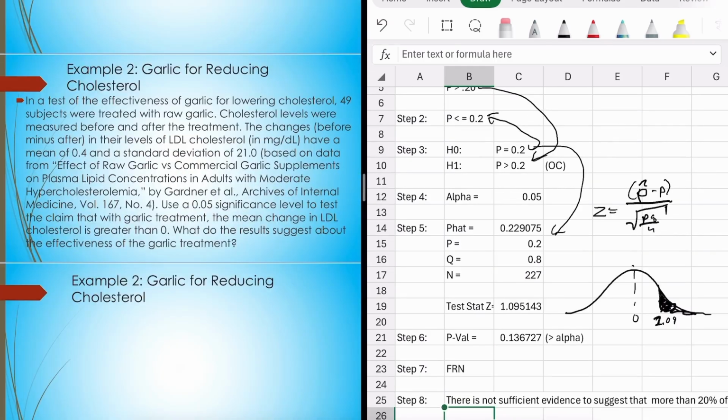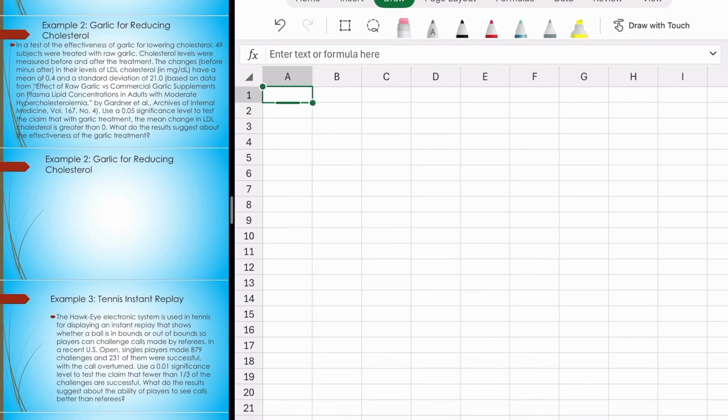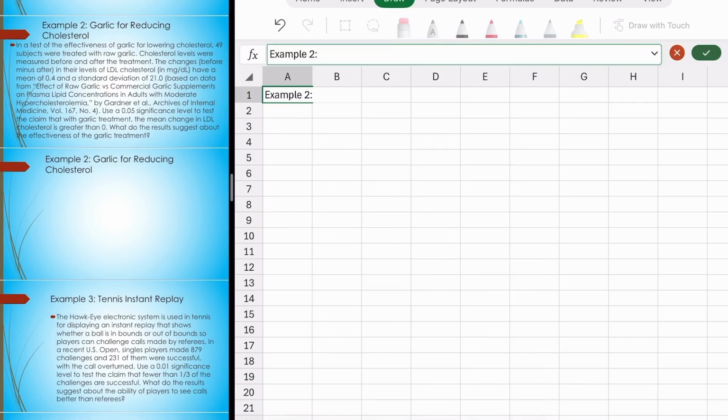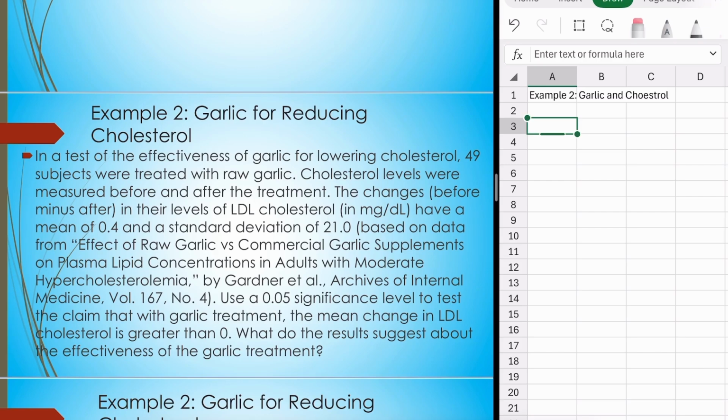Example 2. Let's see, there it is, sheet 2. This example is the garlic. In a test of the effectiveness of garlic in lowering cholesterol, 49 subjects were treated with raw garlic. Cholesterol levels were measured before and after treatment.